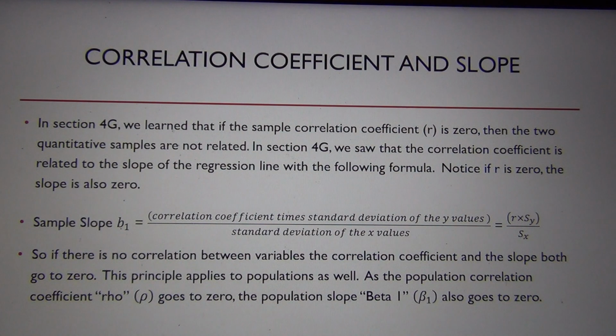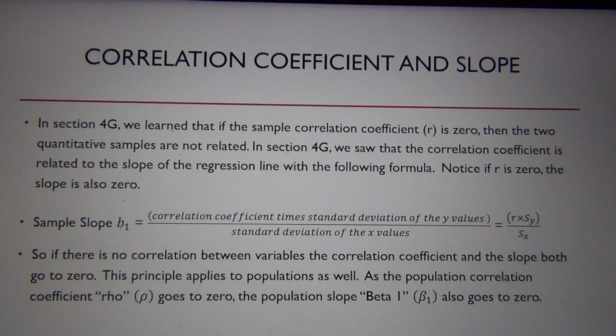So the main thing to take away from this is that when there's no correlation, we saw last time that our R value goes to 0. But what happens to the slope? If you look at that formula, R times standard deviation of y divided by standard deviation of x, if R was 0, that formula would also go to 0.